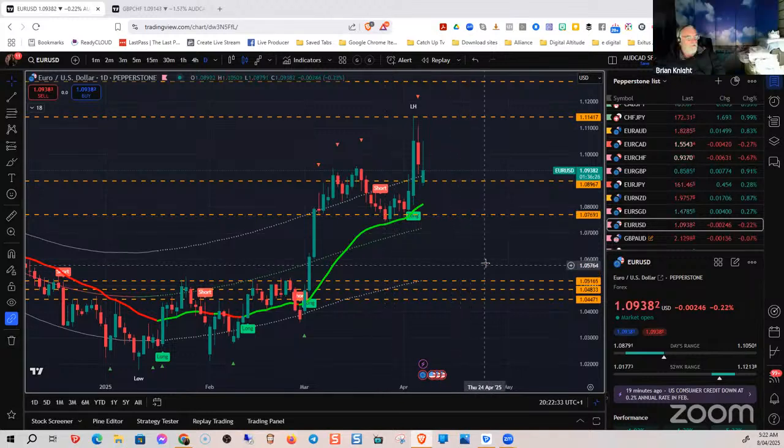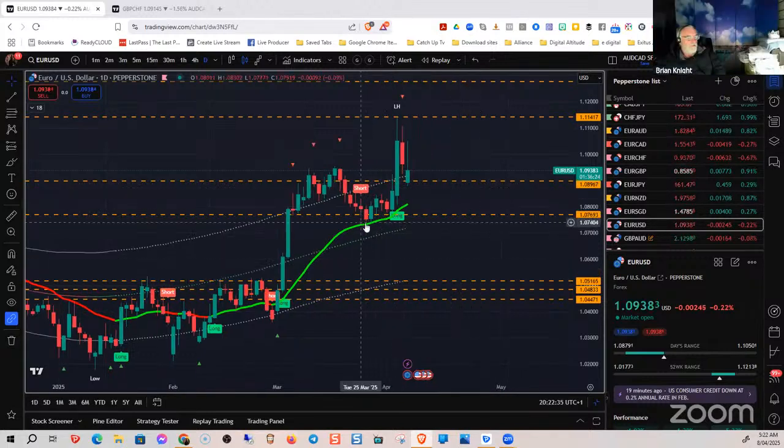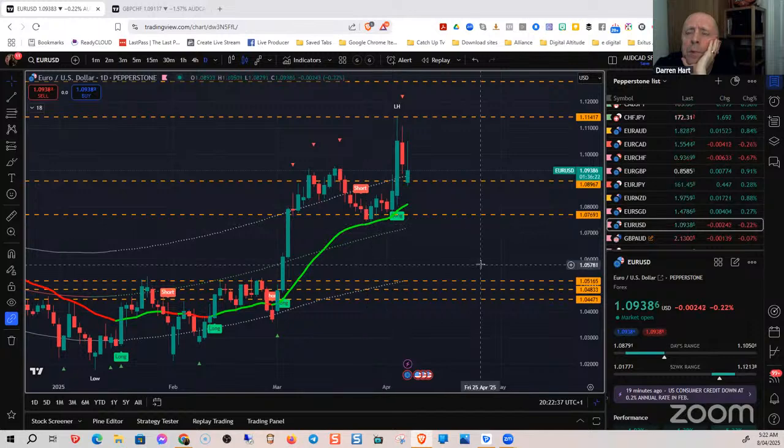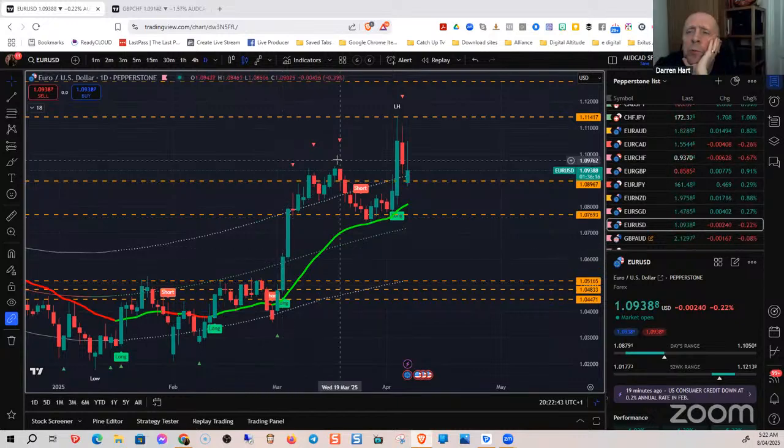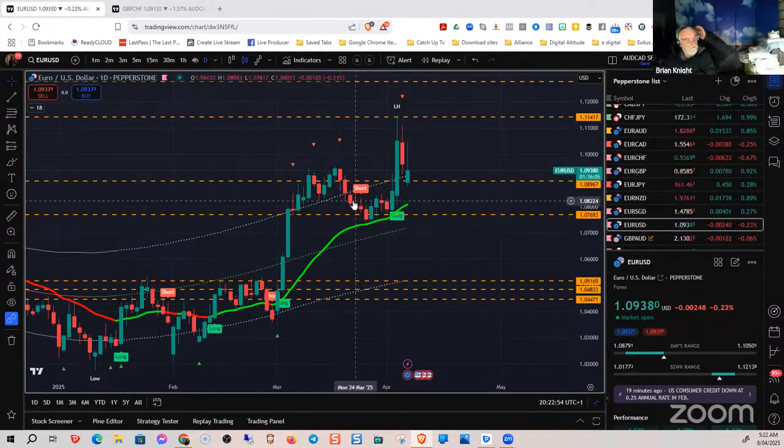So I got that long in at the beginning of March. It was down here. Nice push up, profit out somewhere around when it turned red, I'd have profited out when it pulled back. And then it stayed green.